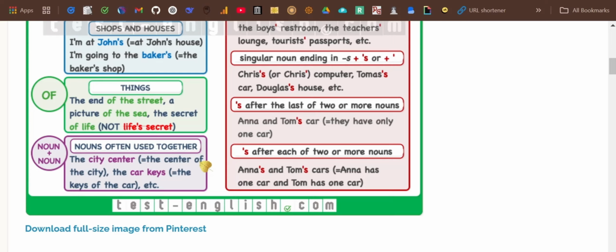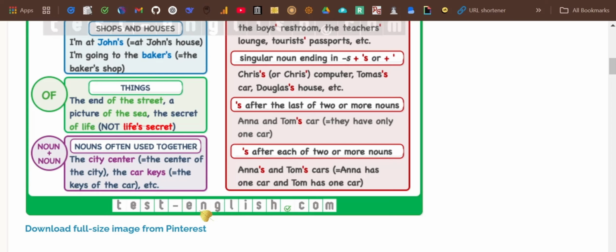Some compounds are really together, and some remain separate. So the city center, or you can say the car keys, for example. The keys of the car. Where are the keys of the car? No, we don't say this normally. We would say, where are the car keys?